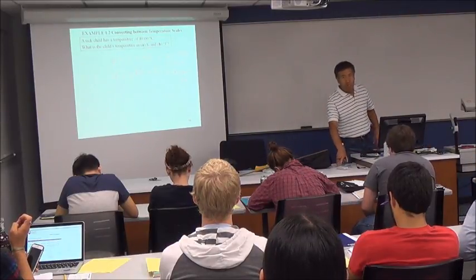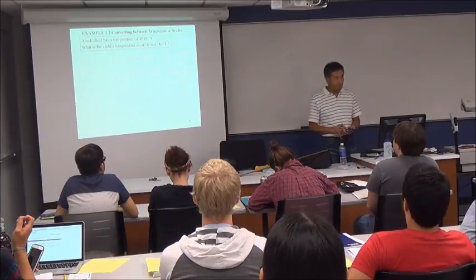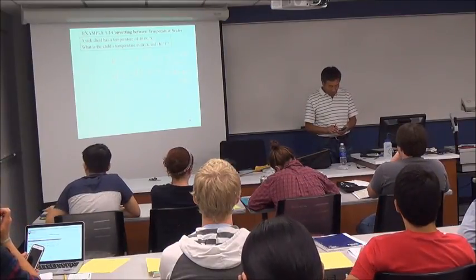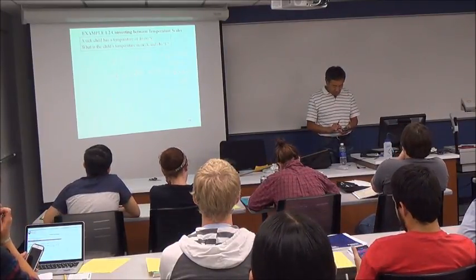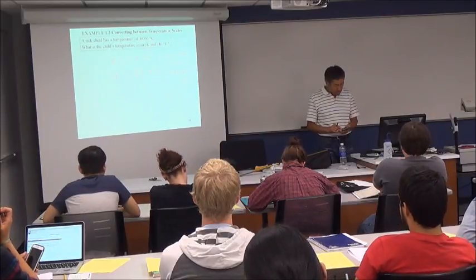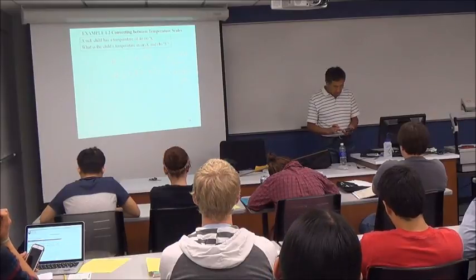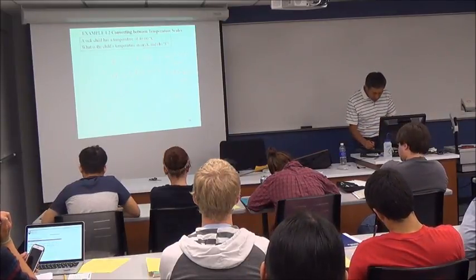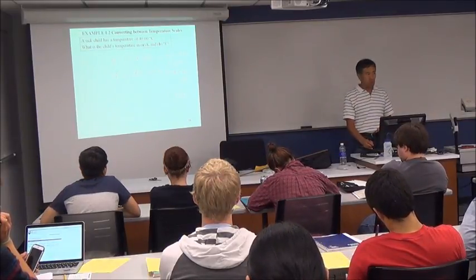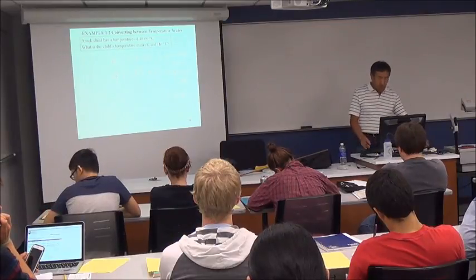And you should do the multiplication first, right? Then 1.8 times 40 plus 32. I get 104. Any questions?